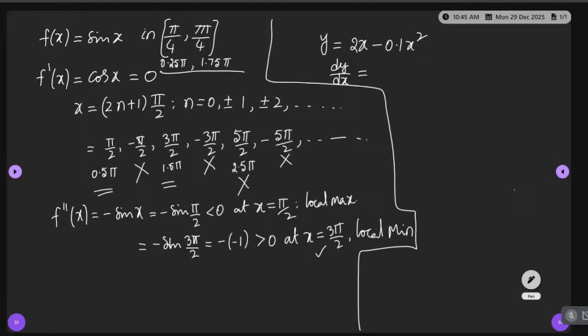The maximum height will be obtained by finding the maximum value for y. dy by dx equals 2 minus 0.1 into 2x. Make it equal to 0.